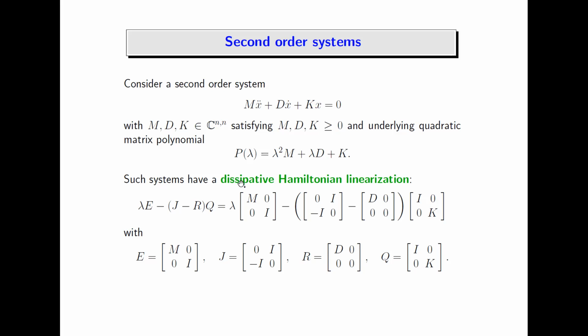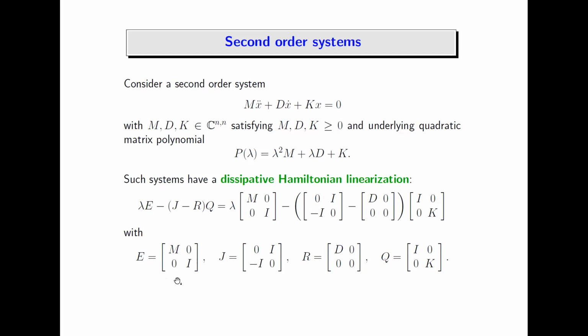Then, interestingly, such systems have a dissipative Hamiltonian linearization, which looks like this. So here we have it in the form E minus J minus R and Q. And Q is not the identity in general, unless K is the identity.